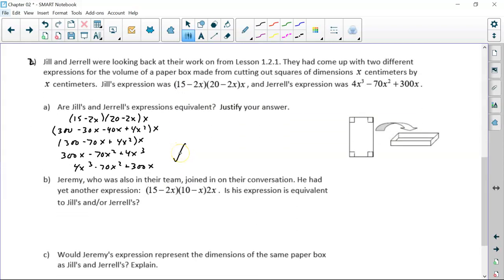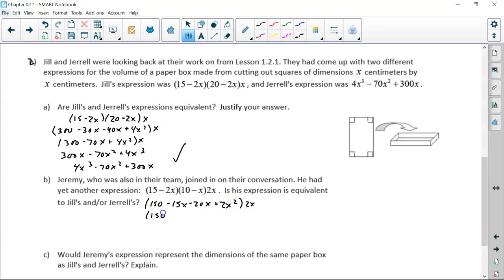Jeremy had another expression. So we're going to check Jeremy's. We're going to multiply by the 2x at the end. So multiplying the binomials, 15 times 20 is 300, minus 15x minus 20x plus 2x squared, times 2x.